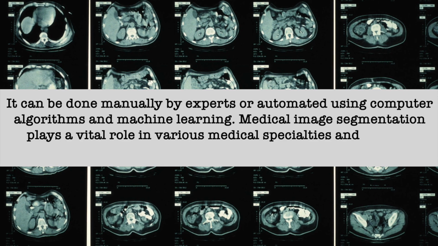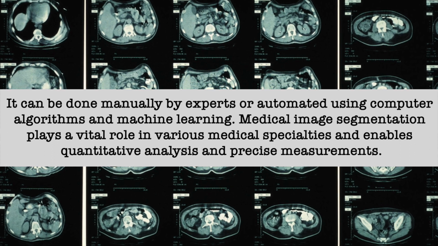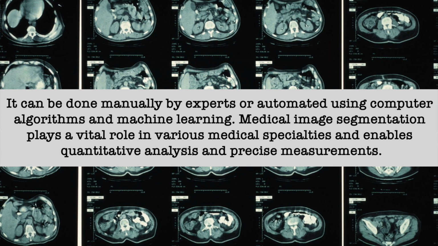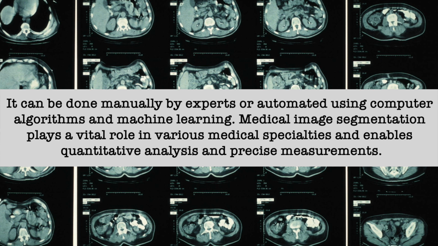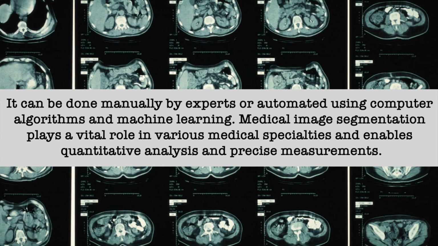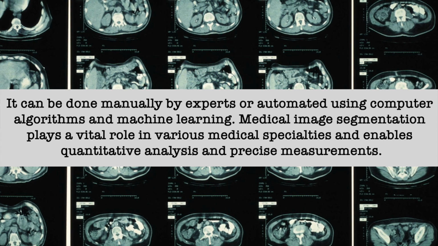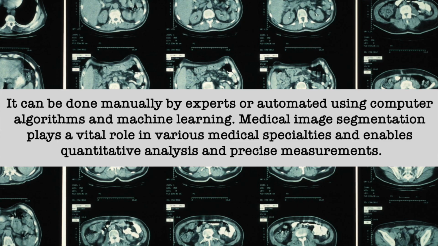It can be done manually by experts or automated using computer algorithms and machine learning processes. Medical image segmentation plays a vital role in various medical specialties and enables quantitative analysis and precise measurements.